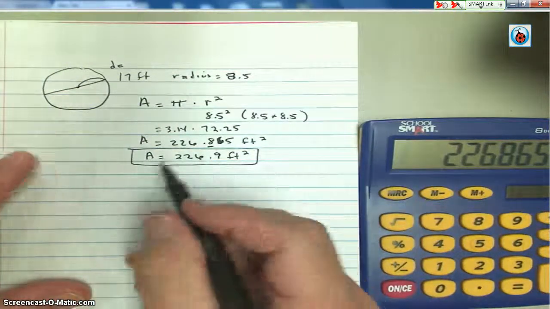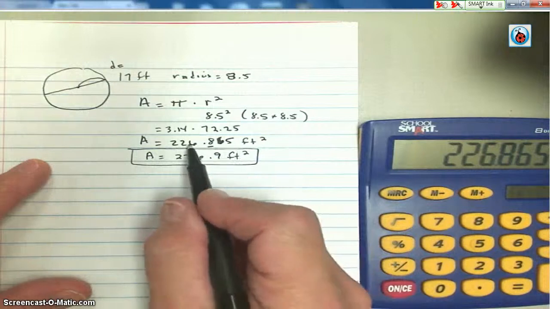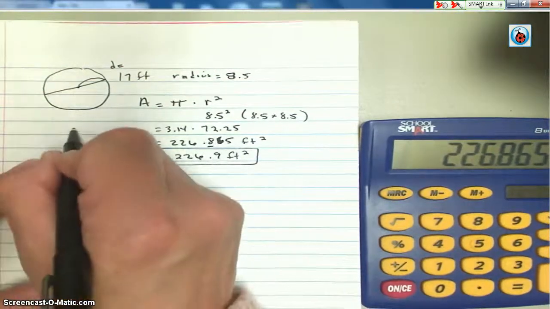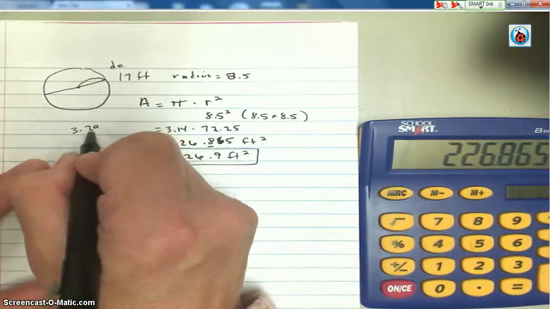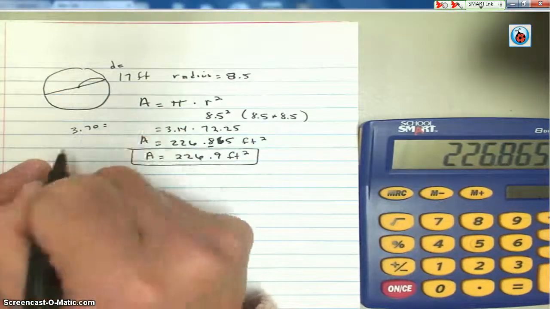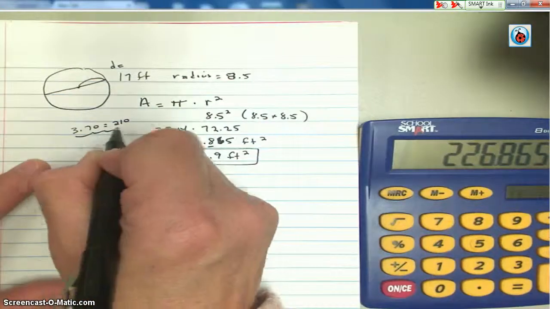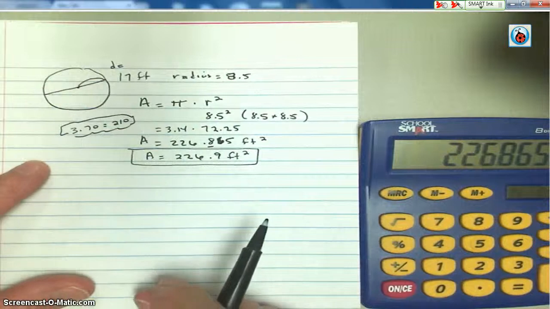And again, if we were estimating ahead of time to see what our answer would be, we have about 3 times about 70. 3 times 70 is 210. And again, that's right on track with our actual answer.